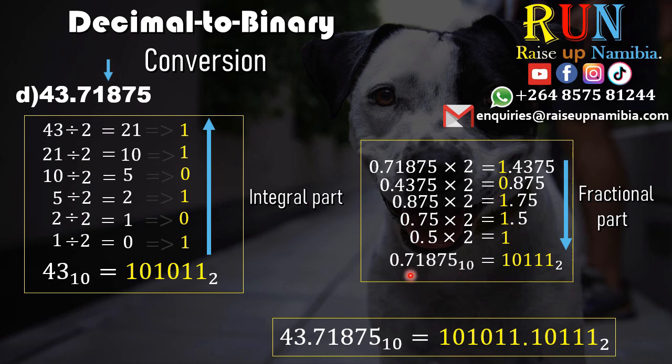Okay? So this is for the fractional part. So for us to get our full answer, we write down first the integral part, and then we put a point, and then we come to the fractional part, which is this one, and we write it down next to the point. And that's basically your final answer.